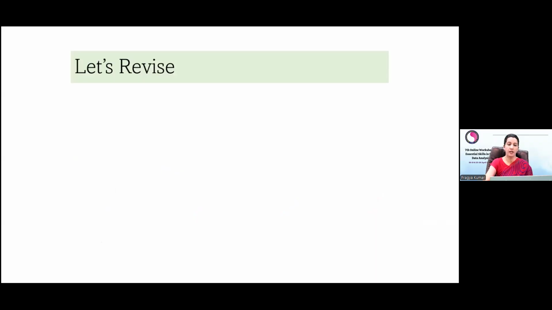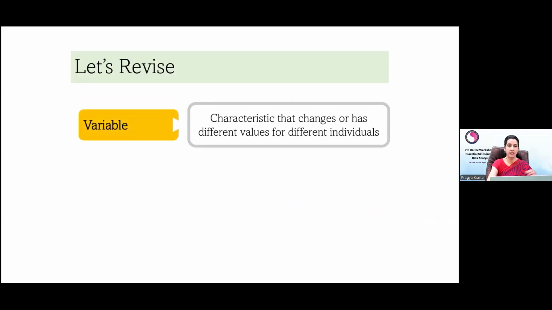So again, let's see the various terms. A variable is something which is liable to vary, which keeps altering from one person to another person. In any data entry sheet, whether it is Excel or JAMOVI or SPSS, we have one column for one variable.